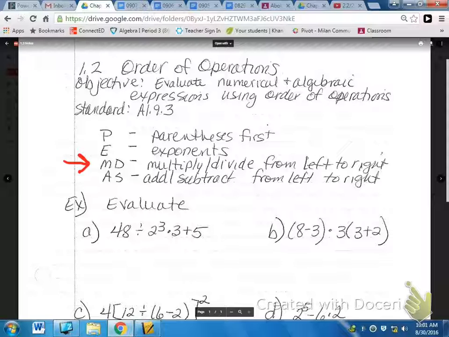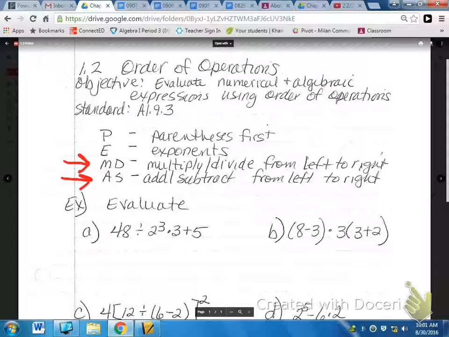That means division is just as important as multiplication, and you must go through the problem from left to right and do whichever comes up first. Same way with add and subtract. You do those from left to right, and subtraction, if it comes first, then you should do that. So adding and subtracting from left to right finishes off the problem.